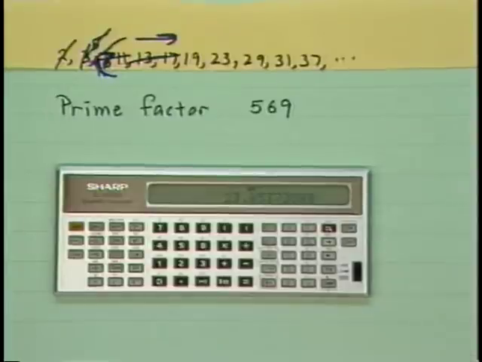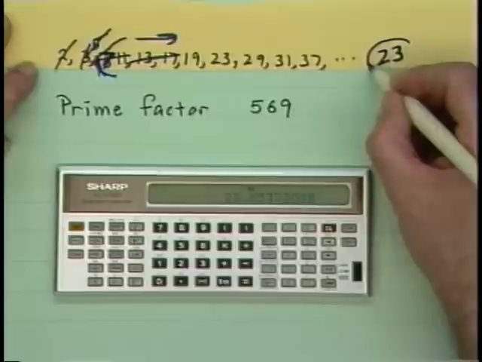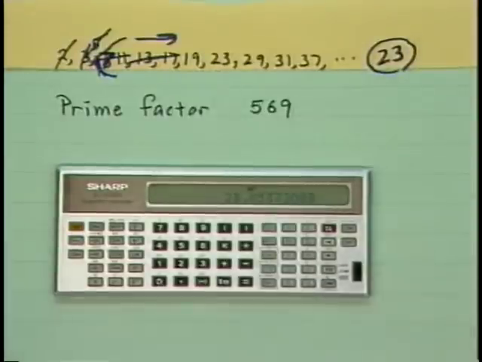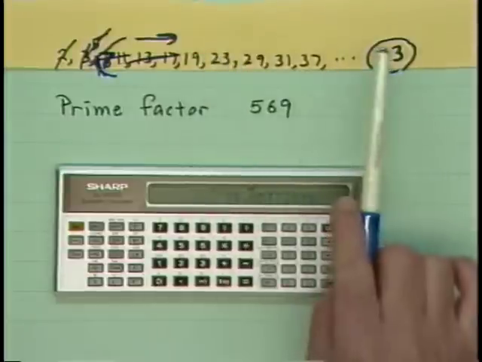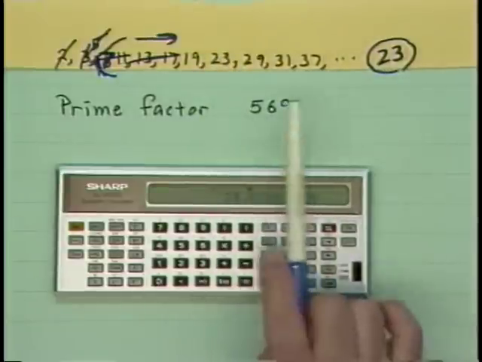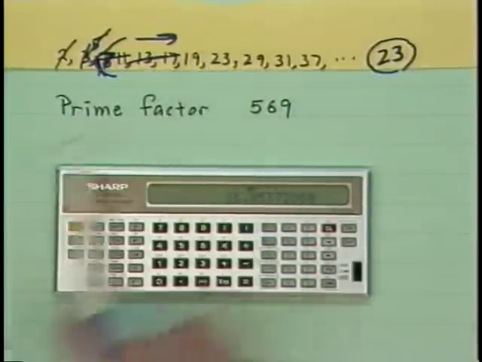And the square root is approximately 23. So that tells me I need try no number in this list greater than the square root of this, which in this case is only two of them, 19 and 23.